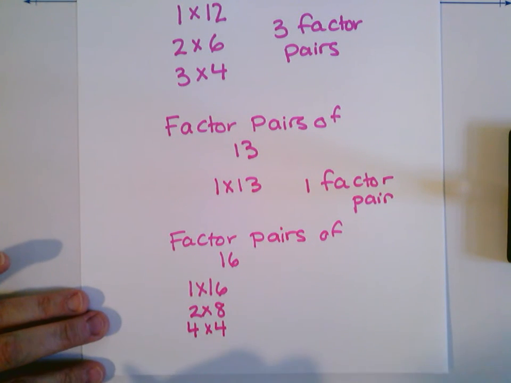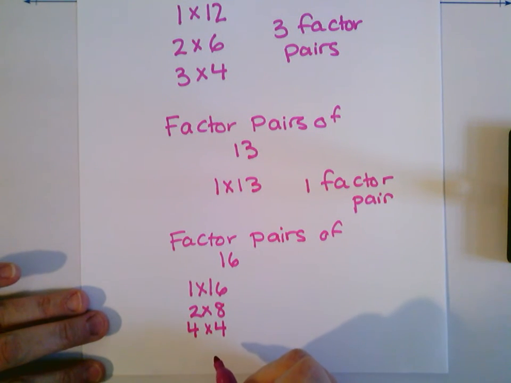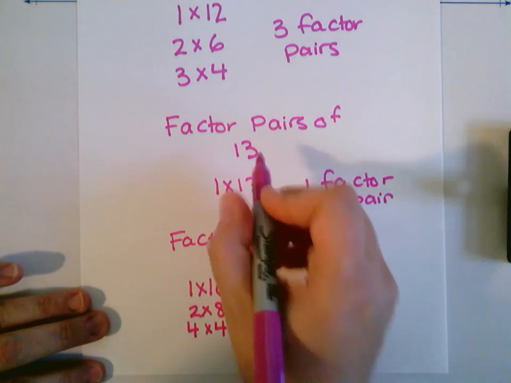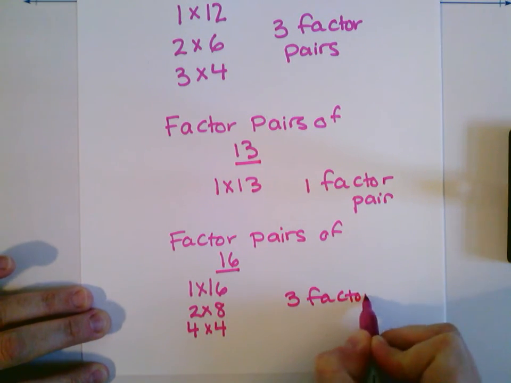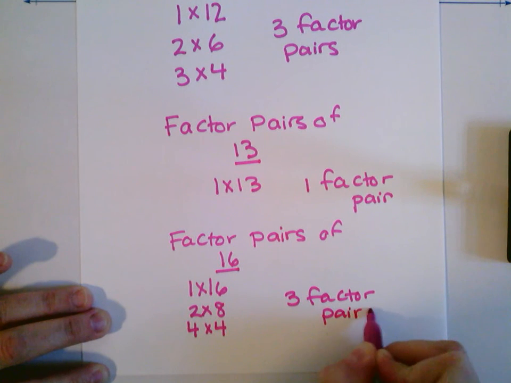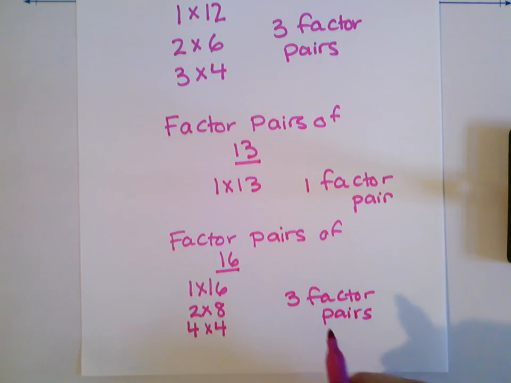All would make 16. So again, it has 3 factor pairs. So I can use my number tiles, I can use the facts that I know and I've memorized, and I can even use my multiplication chart to help me find the factor pairs of different numbers.